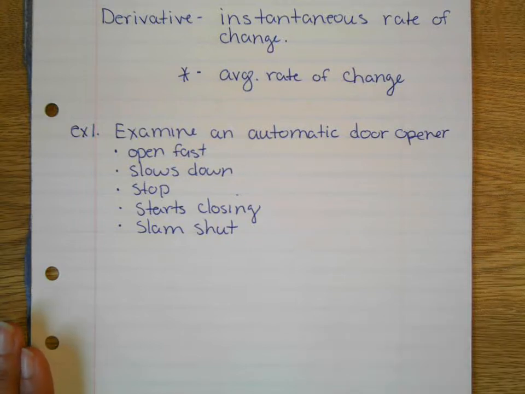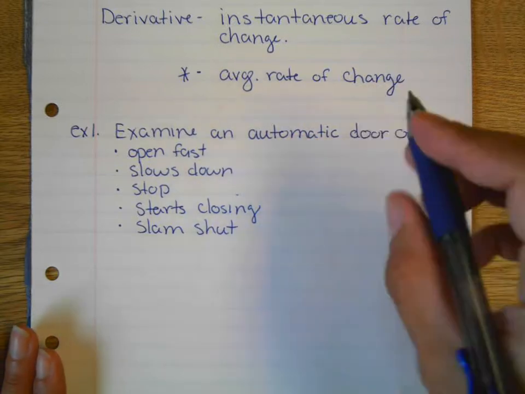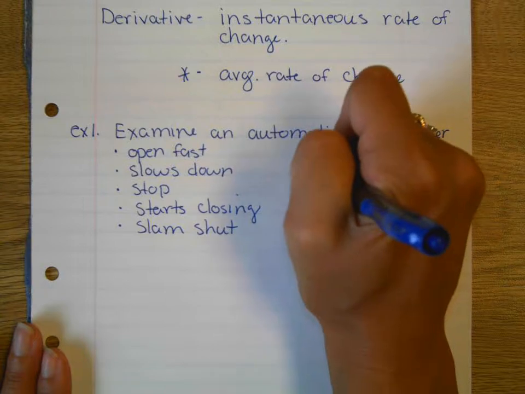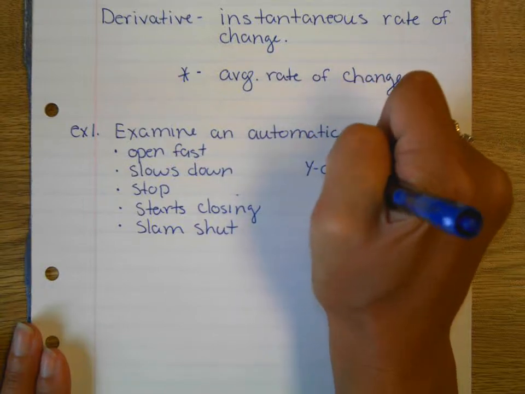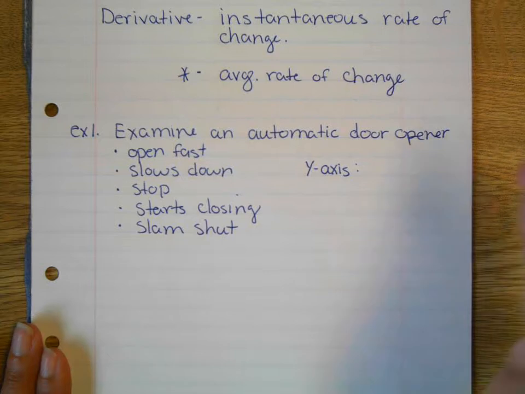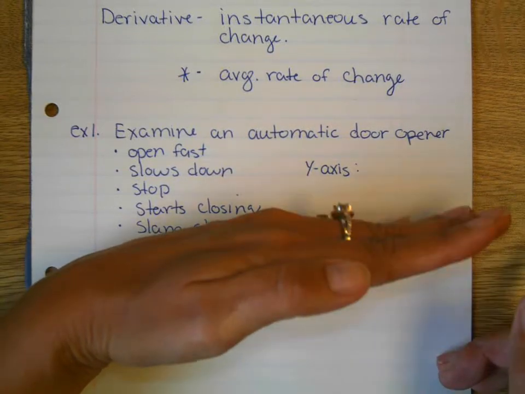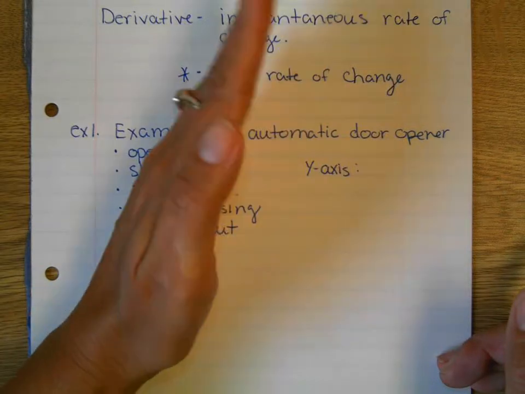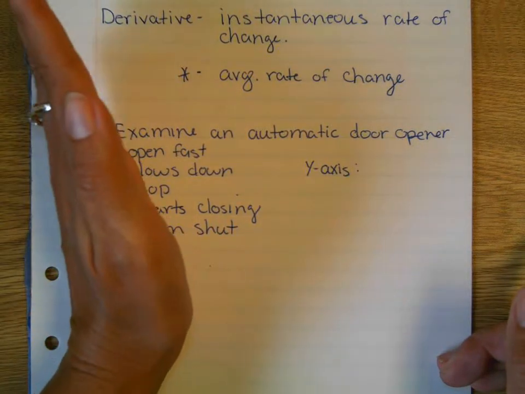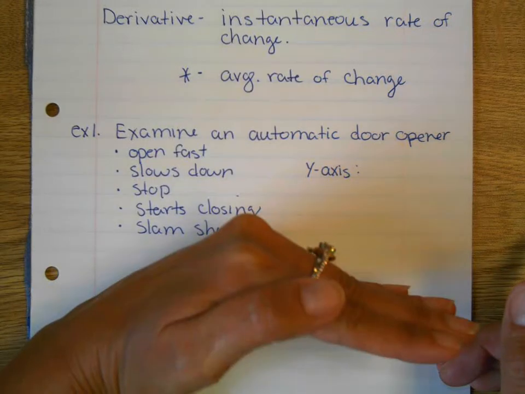So what we're going to do as our two variables, we're going to let the y-axis, the dependent variable, tell us the degree of the opening. So if the door is completely closed, its opening is 0 degrees, 45 degrees, 90 degrees, and if it has room, it may go back to maybe like 120 degrees before it starts shutting again.